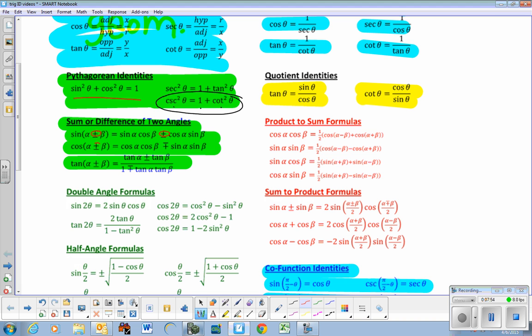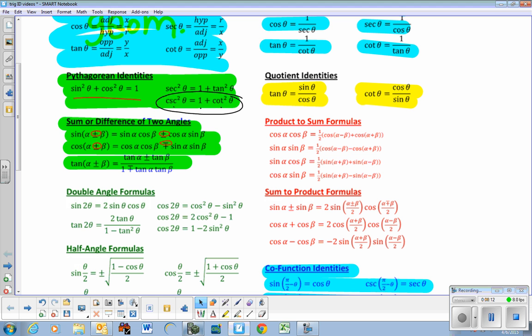And sometimes they flip-flop. So the cosine of a plus b is cosine a cosine b minus sine a sine b. And like I said, we're not going to talk in this particular video about why they are that. We're just going to know that they are that. So let's fix that example we just did a minute ago.